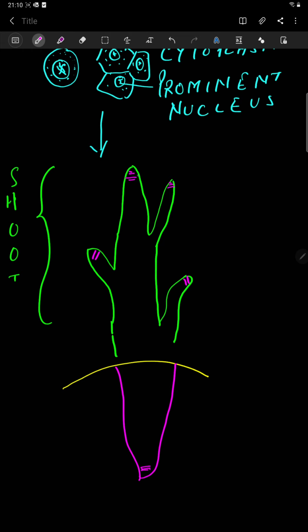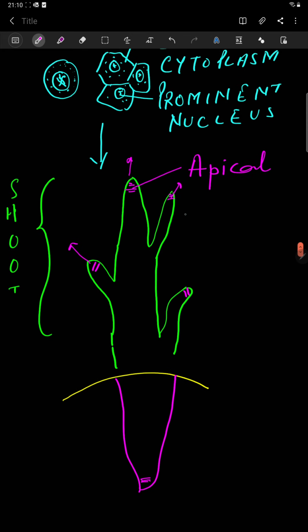So the meristematic tissue which is present at the growing tip, where growth will be in this direction, this direction and this direction, is termed as apical meristem on the basis of position.